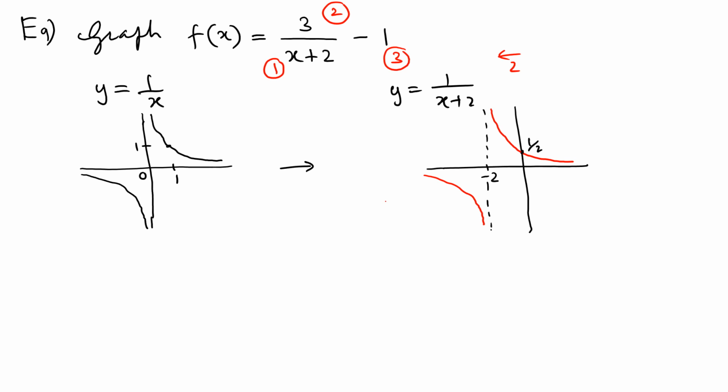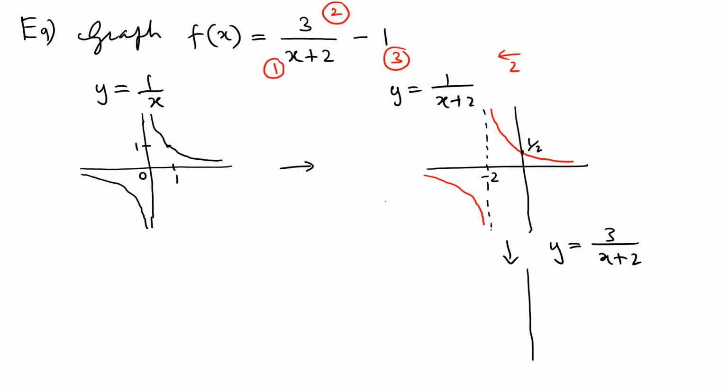Okay, so the next step is scaling. We graph the function y equals 3 times 1 over (x plus 2). That means you scale 3 times, so it's going to stretch vertically by a factor of 3.